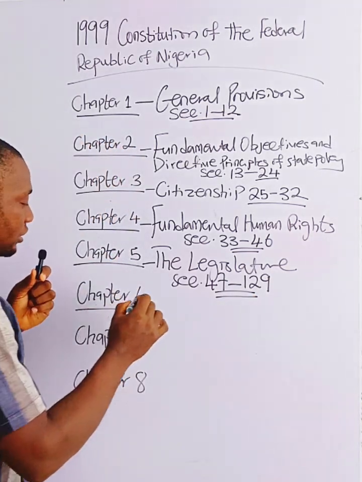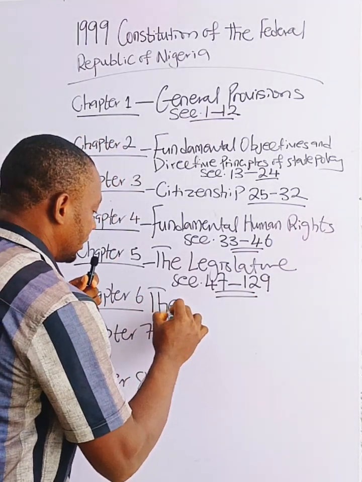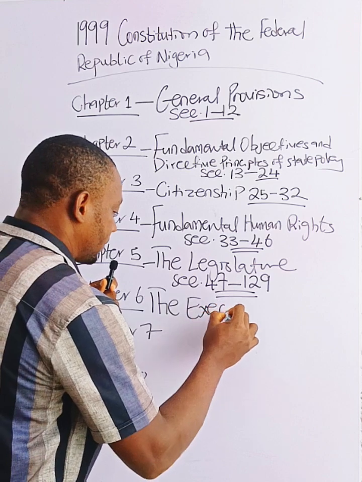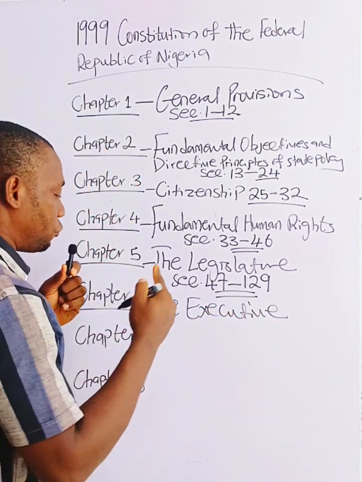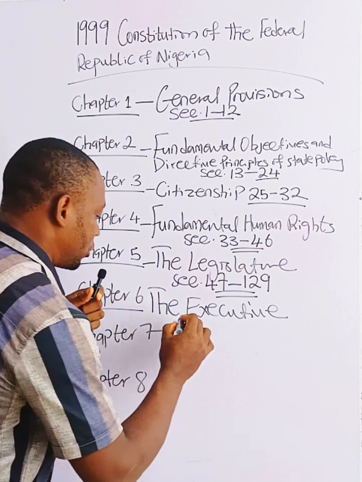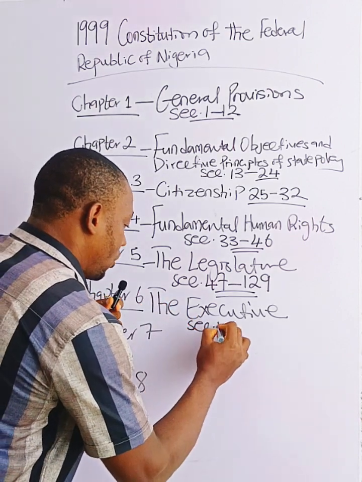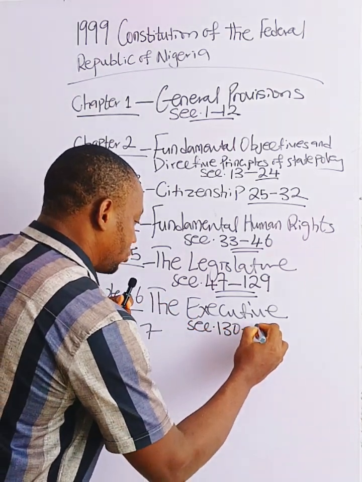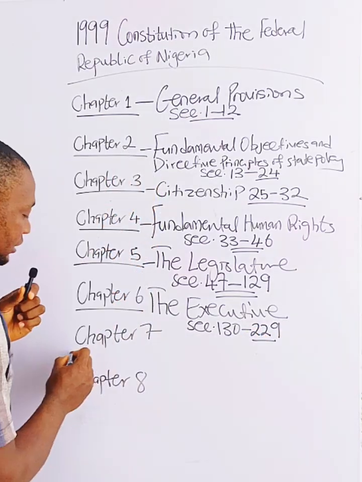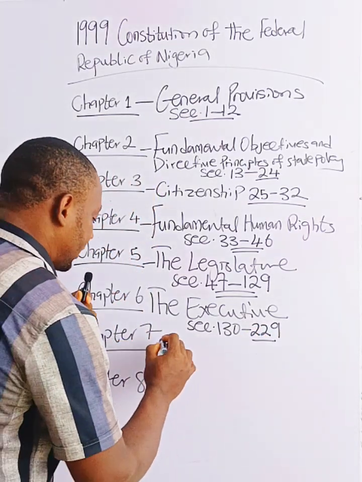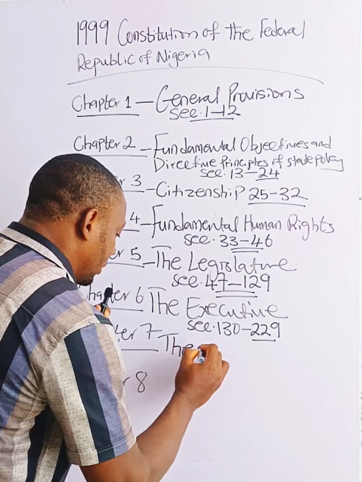Chapter 6 talks about the executive, from the federal level to the state level. That is between section 130 to section 229.